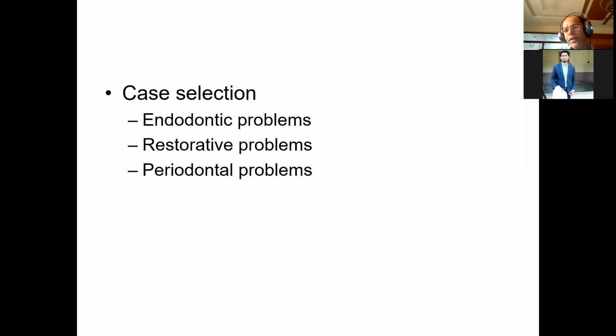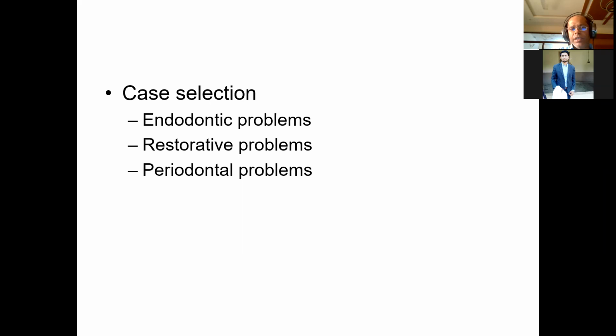Restorative problems, you have to check the restorability of the tooth structure, the coronal tooth structure, how much sound structure is available after removing the caries and all these things. Sometimes the tooth has deep or advanced damage due to caries, and almost all coronal tooth structure is damaged.